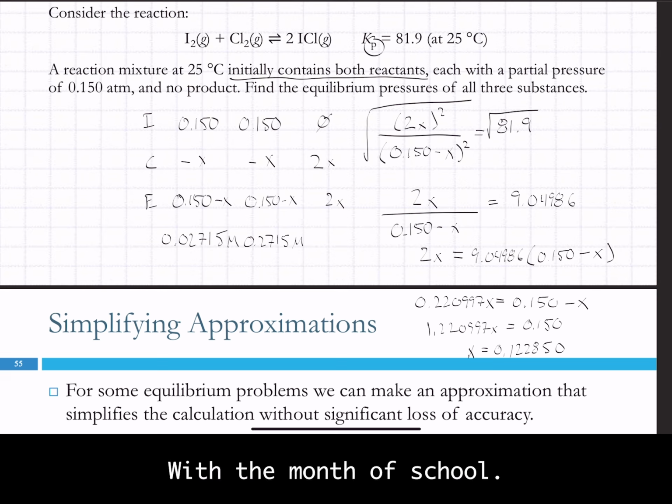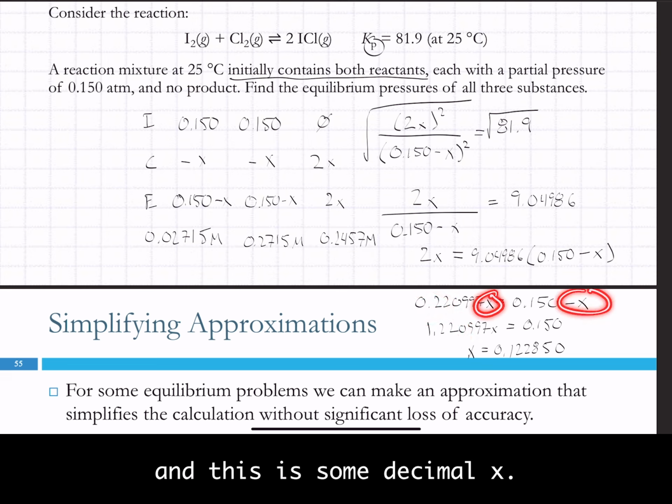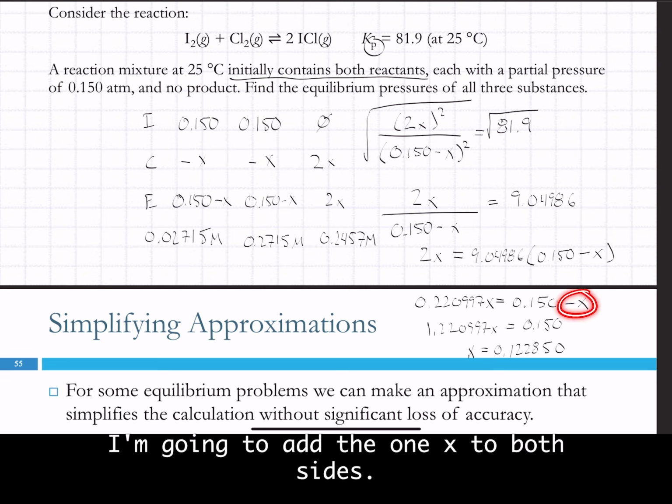Where did the minus X go? Here. So because this is minus X and this is some decimal X, I'm going to add the 1X to both sides.